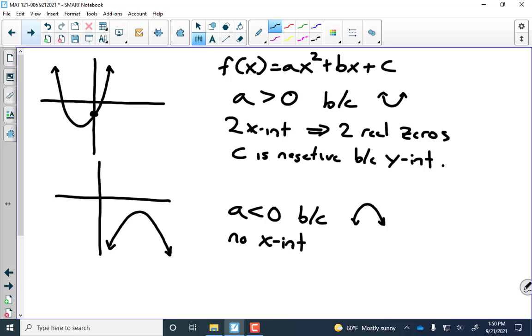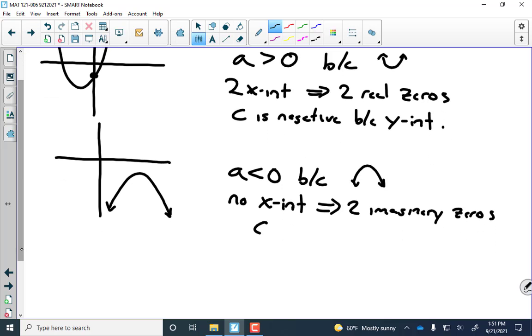If there's no x-intercepts, what does that mean? Brilliant. Two imaginary zeros. Very good. And once again, C is less than 0, because even though I can't see the y-intercept on here, I can see that it would be down here.